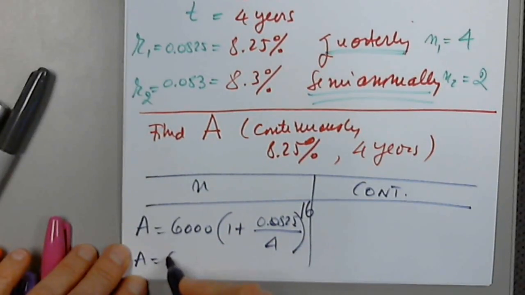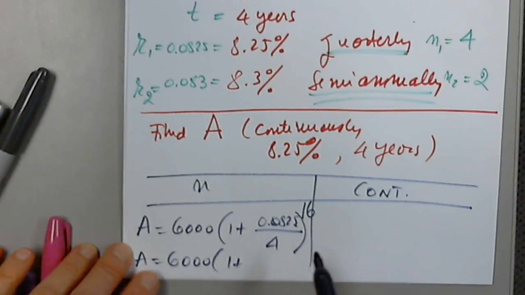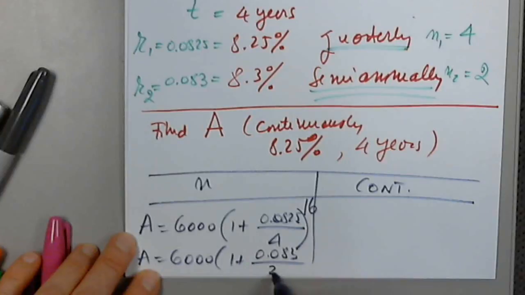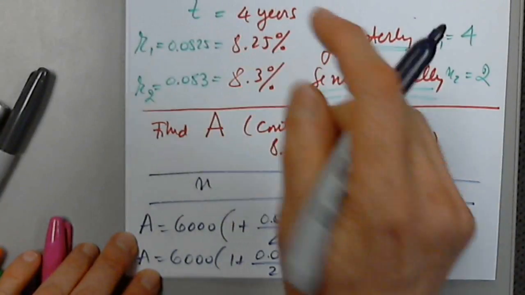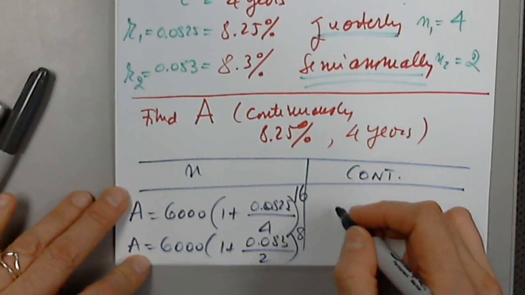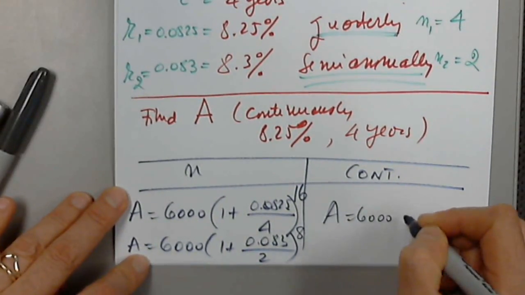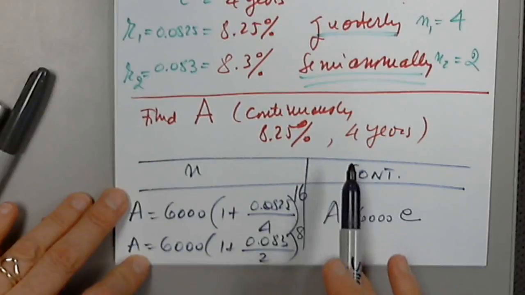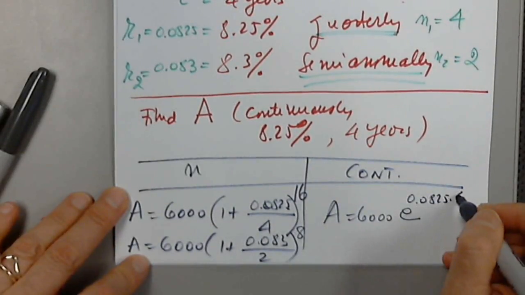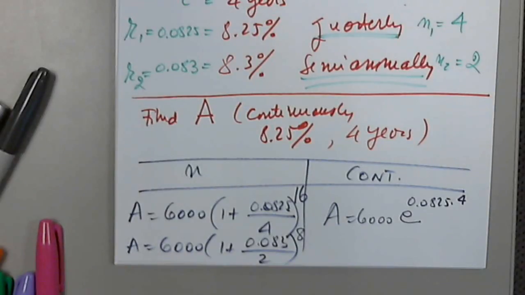The other situation would be 6,000, 1 plus 0.083 divided by 2, and then 2 times 4, which is 8. For continuous, I will have A equals 6,000 times E, and the power will be 0.0825 multiplied by 4 years. Let's see what we get. Again, we cannot do this by hand.